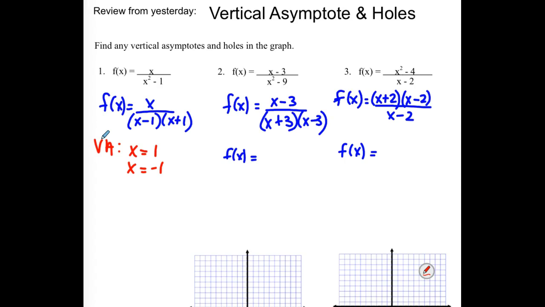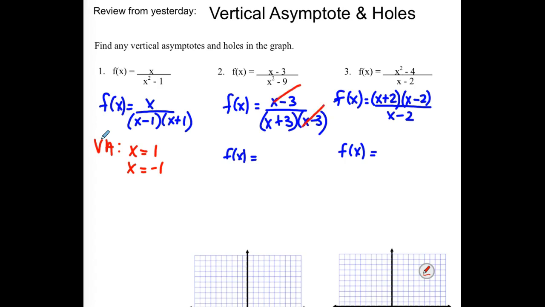Yes? Okay, looking at the second one, I factored the denominator, so my domain restrictions are, okay, so there we have problems at 3 or negative 3. It's either a vertical asymptote or a hole. We have to decide which. So I look at my factorization and say, this x minus 3 factor could be reduced out.